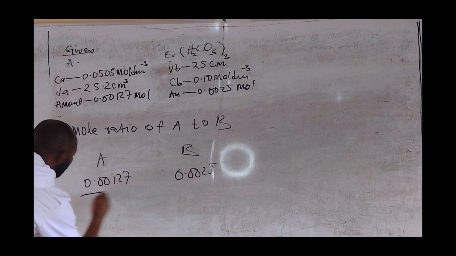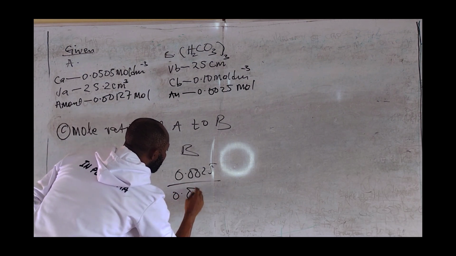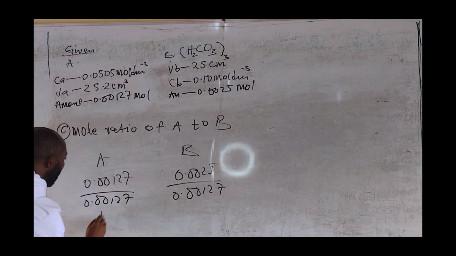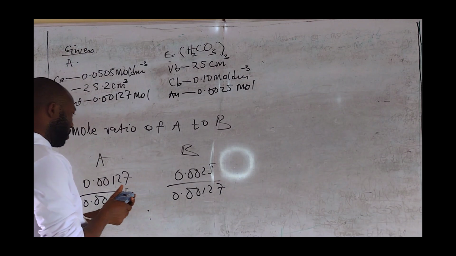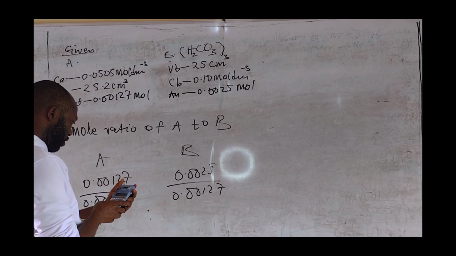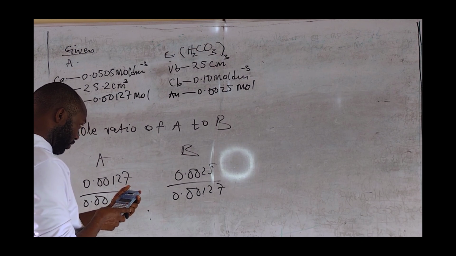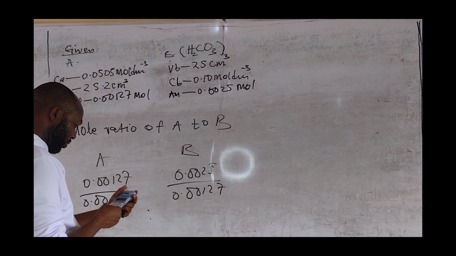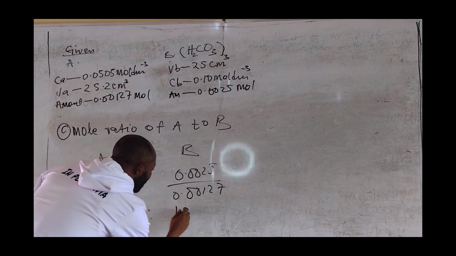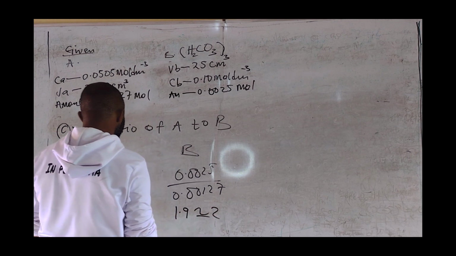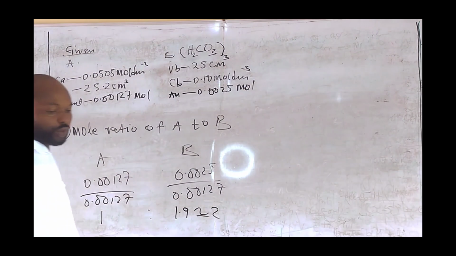So divide by this, which is 0.00127. Here is 1 is to 0.0025 divided by 0.00127, which is approximately 1.9, which is approximately 2. So the mole ratio of acid to base is 1 is to 2. So we're done with that question.